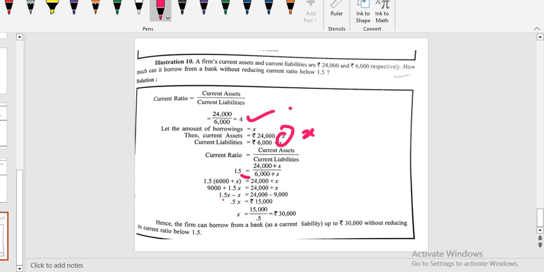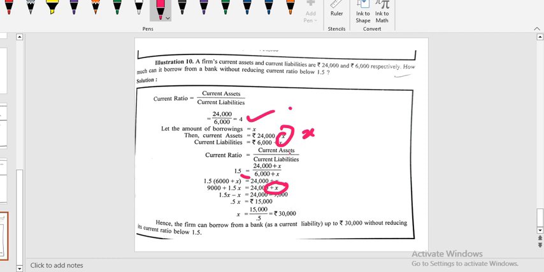So 1.5x minus x, and 24,000 minus 9,000. So 0.5x equals 15,000. So x is equal to 15,000 divided by 0.5, which equals 30,000 rupees.